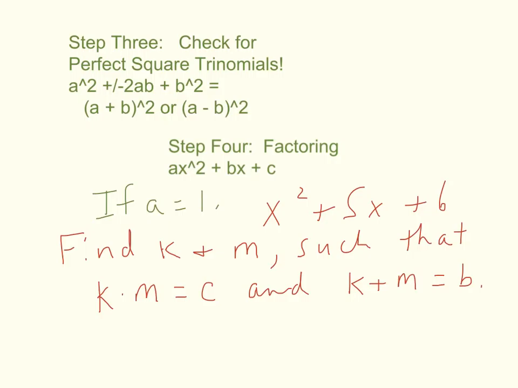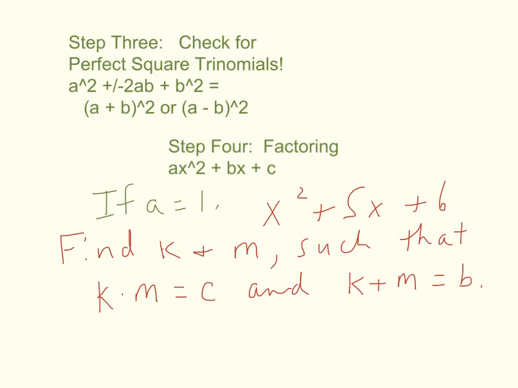Okay, so if a is 1, it's pretty simple. You're looking for 2 factors, k and m, of c, so that k times m equals c, as you see right here. K times m equals c. But at the same time, you're looking for the pair of factors of c that will add, k plus m, to the b term. So for this problem up here, we're looking for 2 numbers that multiply to 6 but add to 5.